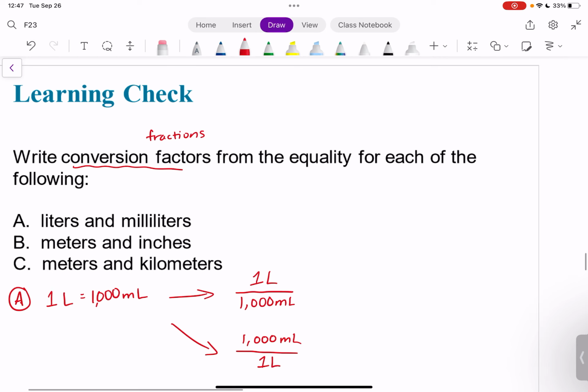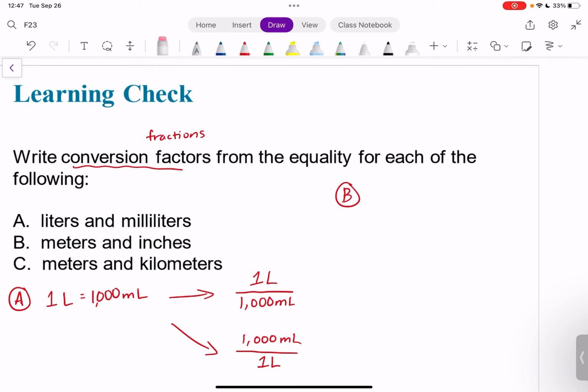All right, let's try the second one. B, meters and inches. Now, for meters and inches, I wouldn't expect you to know how many inches were in a meter off the top of your head. Anytime we're converting between the metric system and the English system, I will give you that conversion factor or that equality.